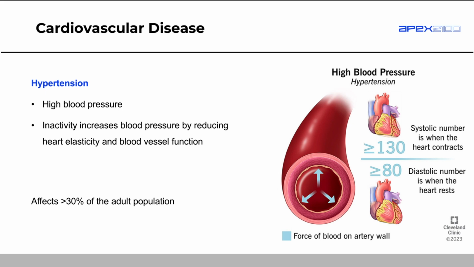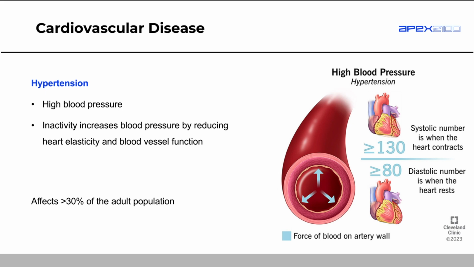Firstly, it decreases the elasticity of the heart and of the blood vessels. So I've said before that your blood vessels should be elastic. We want nice, flexible, pliable blood vessels so that the blood can run through the arteries without much resistance.